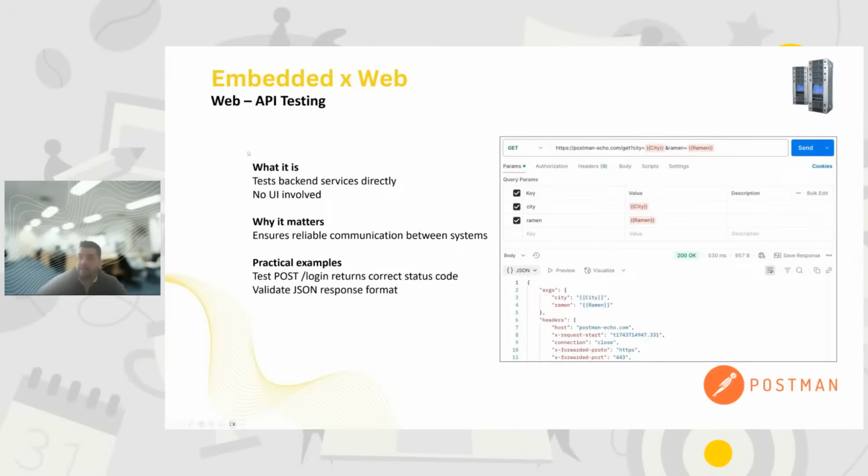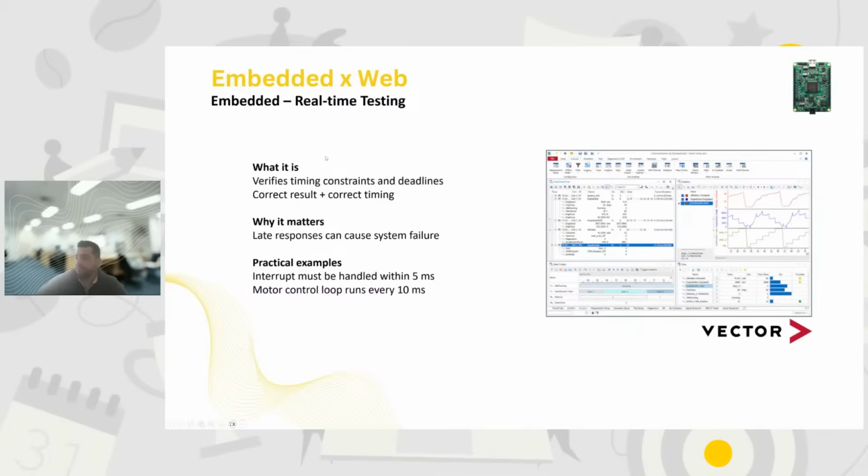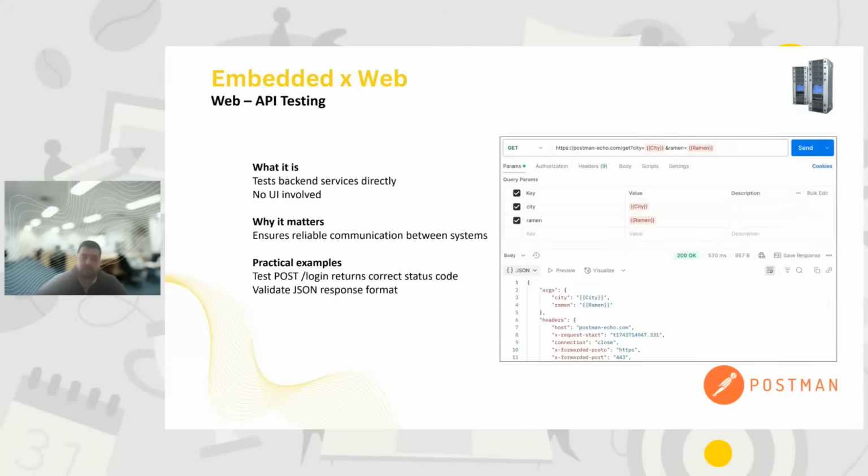Then we have the API testing, in the same way that we had it with the Vector tool. We have Postman, for example, where we call APIs and where we can check the response. We can validate the code. We can validate the content of the response. We can check if the parameters match the expectations that we requested, etc. So also validation of that.